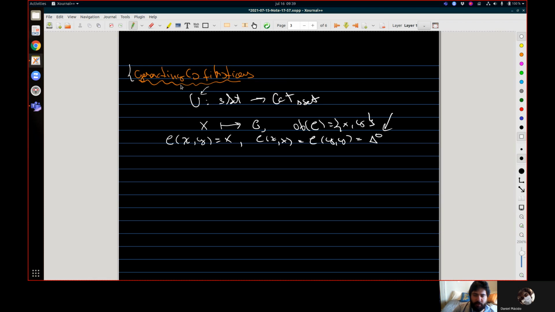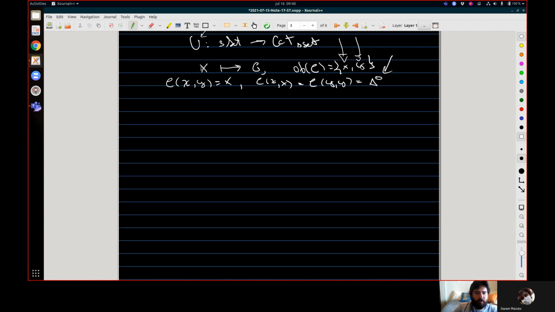The action on morphisms is clear, right? We send the objects to objects and send the natural transformation between simplicial sets to the natural transformation between simplicial sets, because we just require that the action on objects is right.